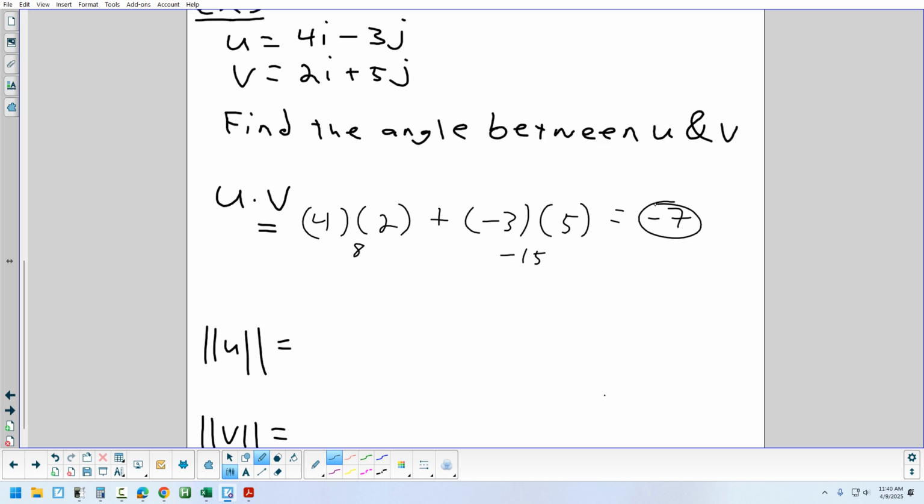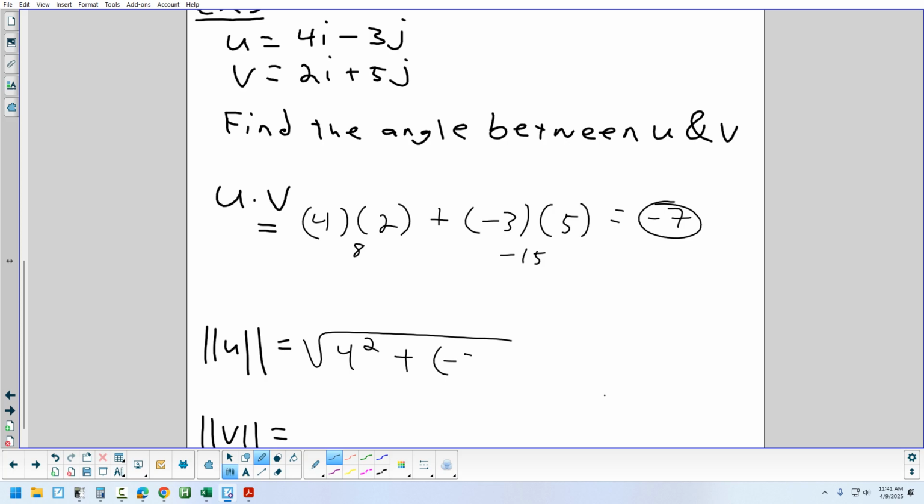Can somebody else tell me how I set up the magnitude of u? The square root of 4 squared plus 3 squared, -3 squared.